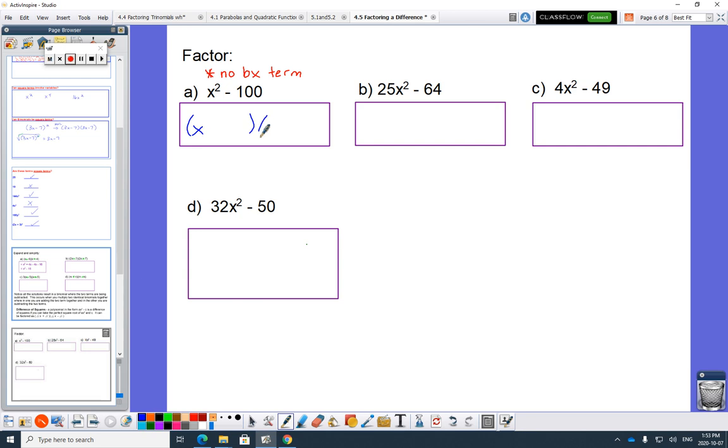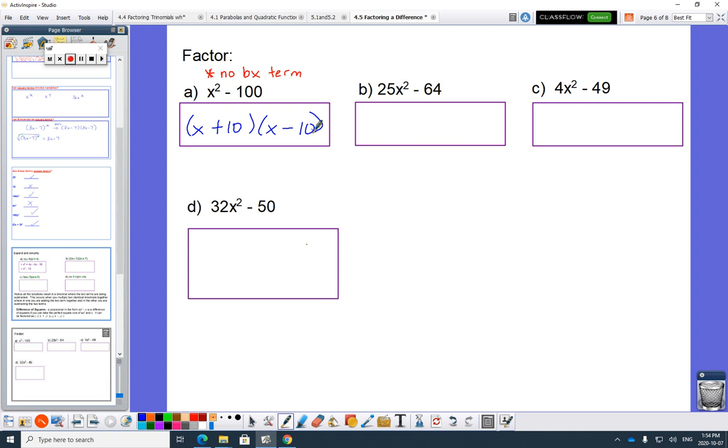X. What's the square root of 100? 10? Positive 10, negative 10. It doesn't matter, you can put the negative first. Just one has to be positive and one has to be negative, because you want that b term to cancel out, so plus minus.